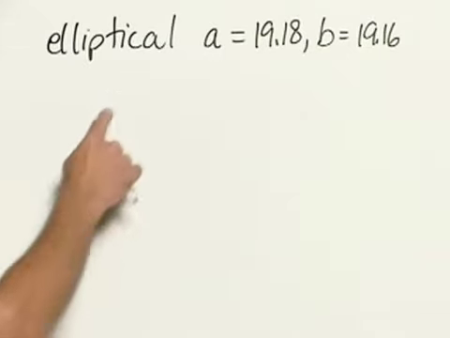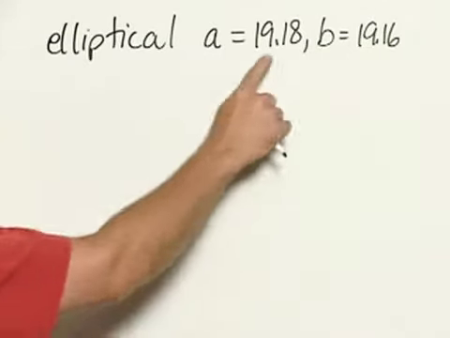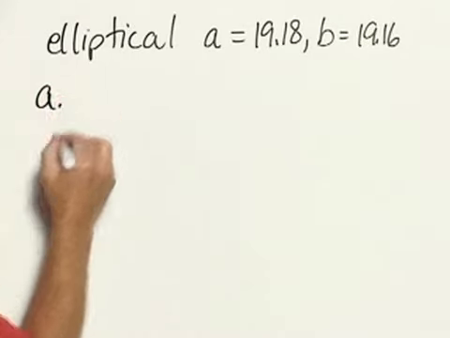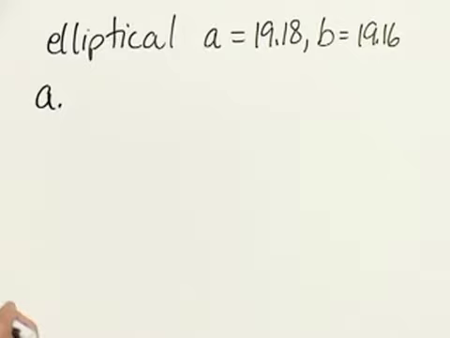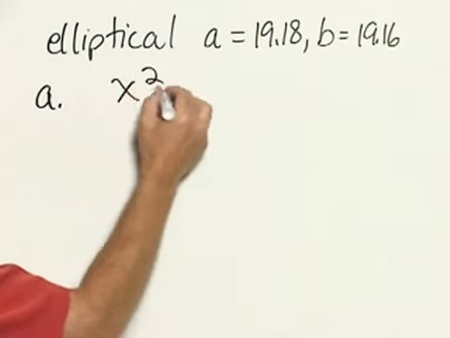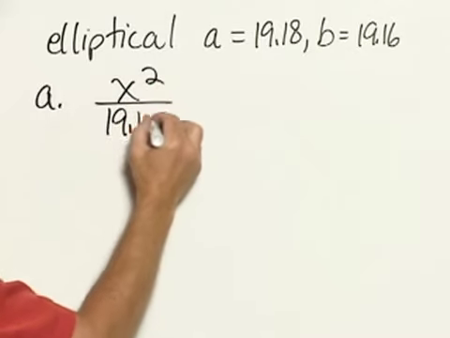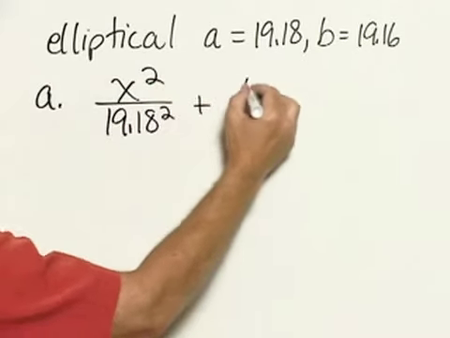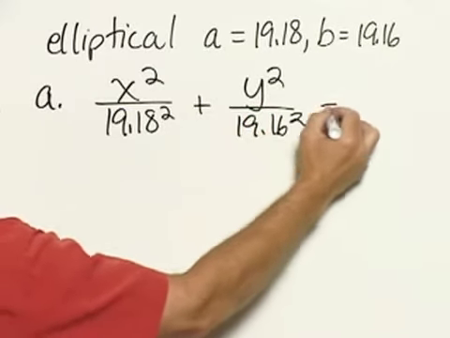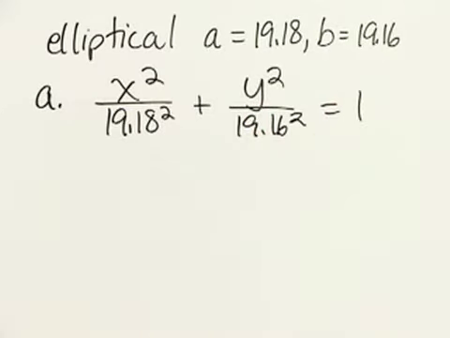So we know the orbit is elliptical, and here are our respective values of A and B, and we know the horizontal axis is the major axis, so our equation of the ellipse would be x squared over 19.18 squared plus y squared over 19.16 squared equals 1.